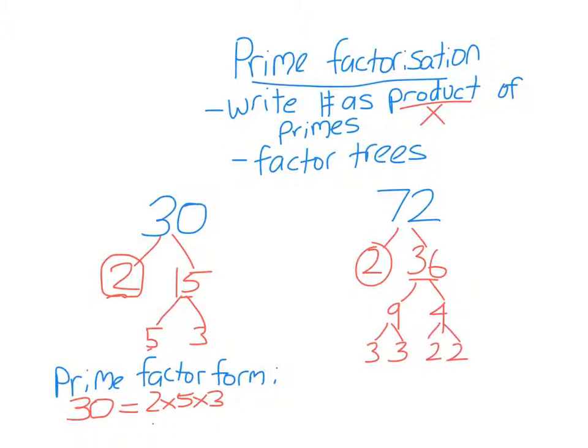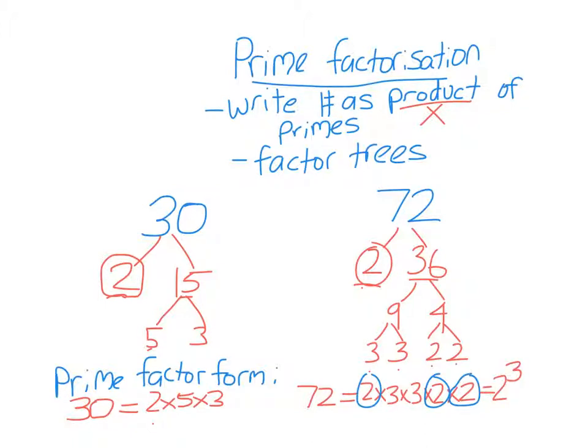Now I've just got 2, 2, 3, 3, 2. 2 and 3 are prime numbers, so I can stop there. So in prime factor form, I write 72 as 2 times 3 times 3 times 2 times 2. But I showed you about powers earlier. 2 times 2 times 2 is the same as 2 to the power of 3.